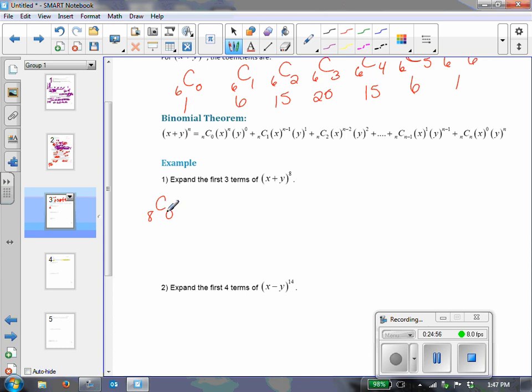Okay, so let's talk about the pattern of the variables now. The first term shows up alone, and it is to the full exponent. When do we first see the second term? Now, what's my coefficient? 8 choose 1, right?